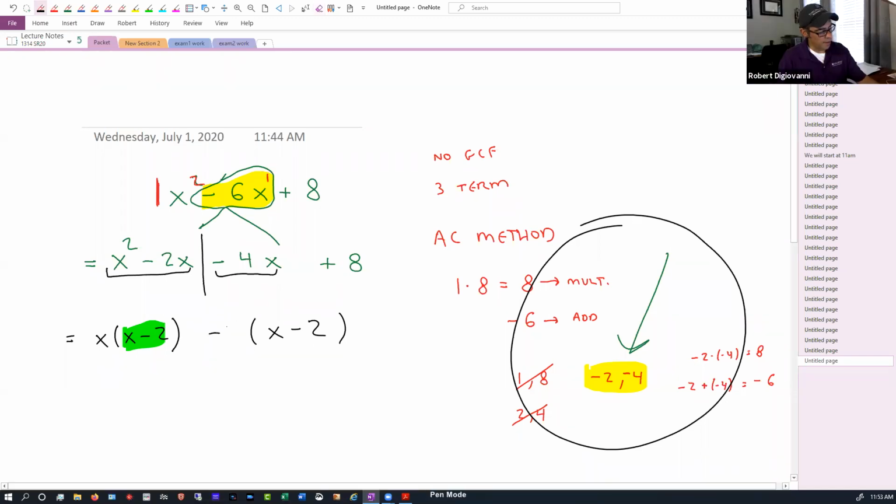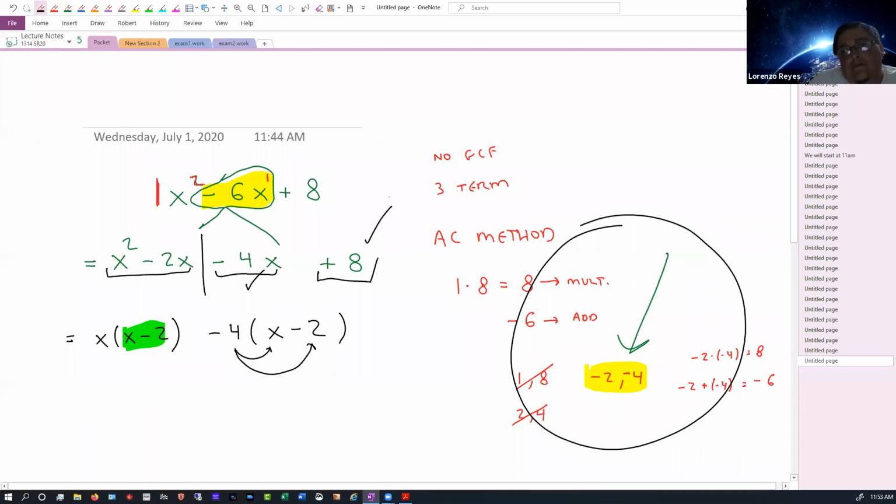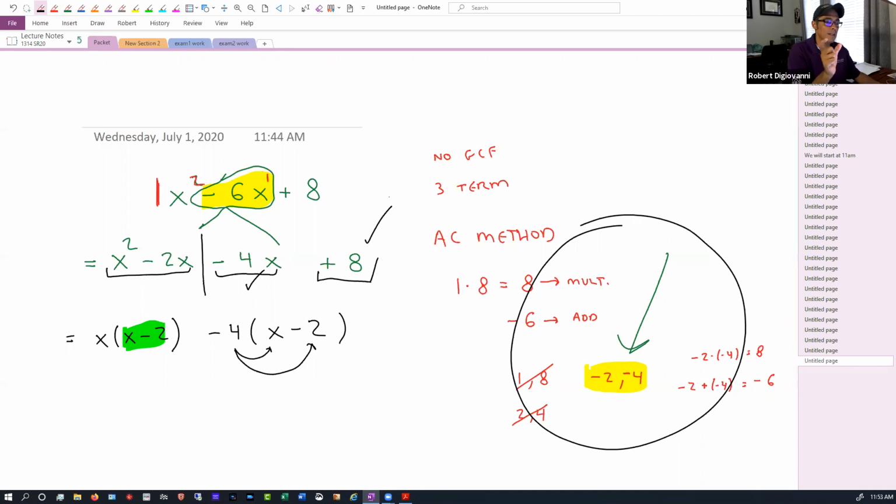So why don't we put a negative 4 here and then just double check that it works. Here to here, that would give me this first one. Would the second one work? Negative 4 times negative 2 gives me 8? Yeah, that works. It's just a slightly different approach. You write down what you need it to be and then you figure out what needs to distribute through, as opposed to looking at this and trying to pull a GCF.